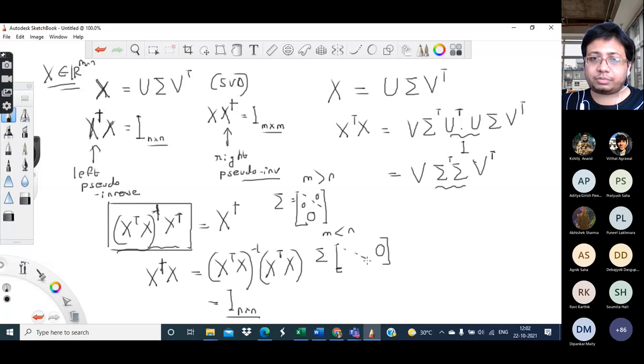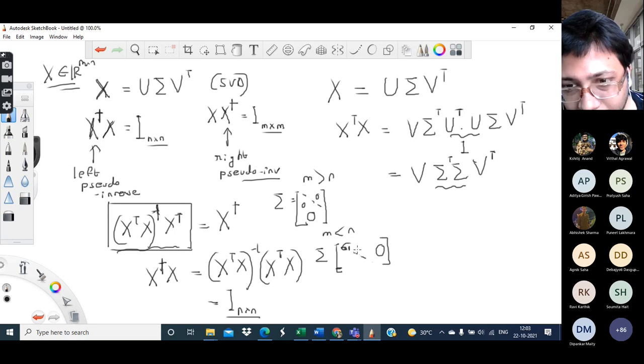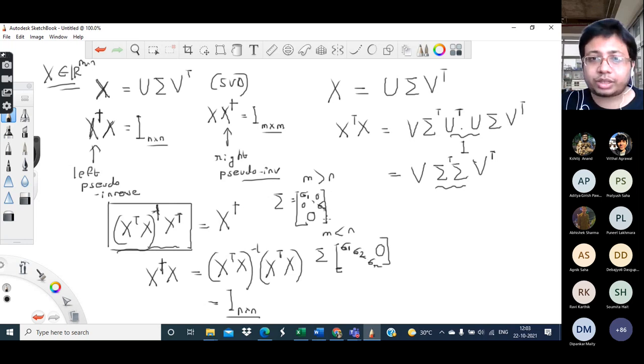But the singular values of X are all placed along its diagonal. The first diagonal element is sigma 1, next is sigma 2, all the way up to sigma r.